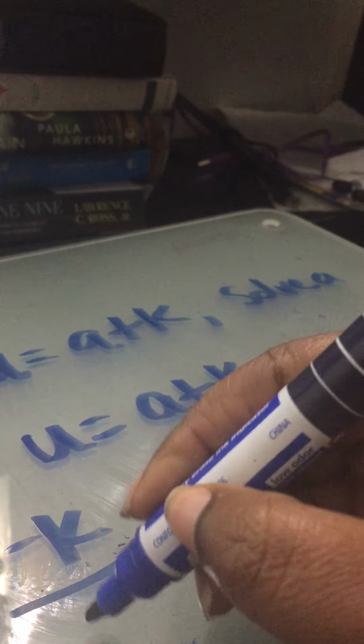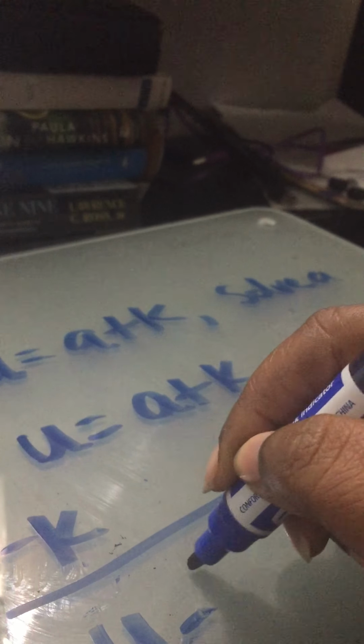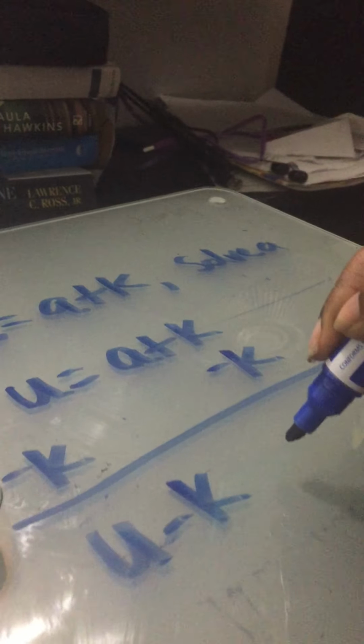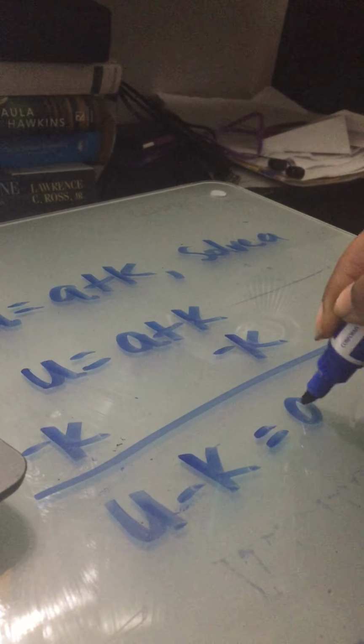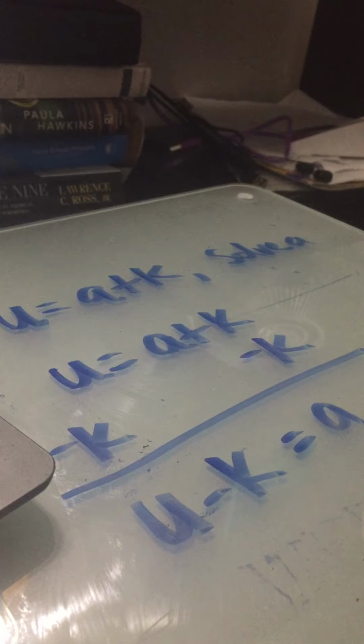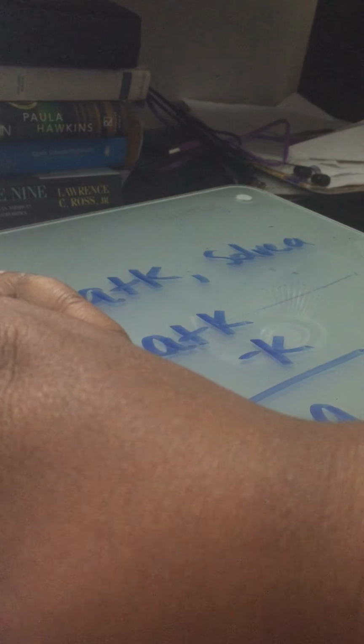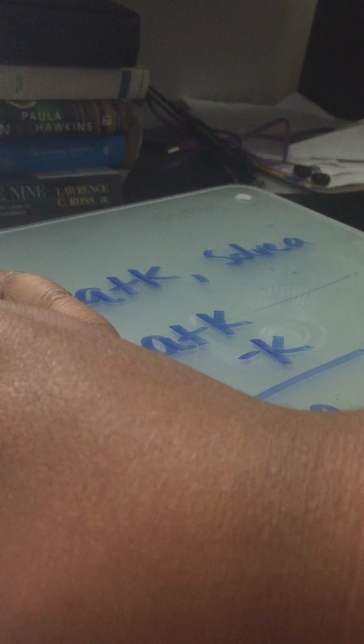So by doing that, I'm left on this side with U minus K is equal to A. And that's your answer. U minus K is equal to A. That is your answer for number 6.